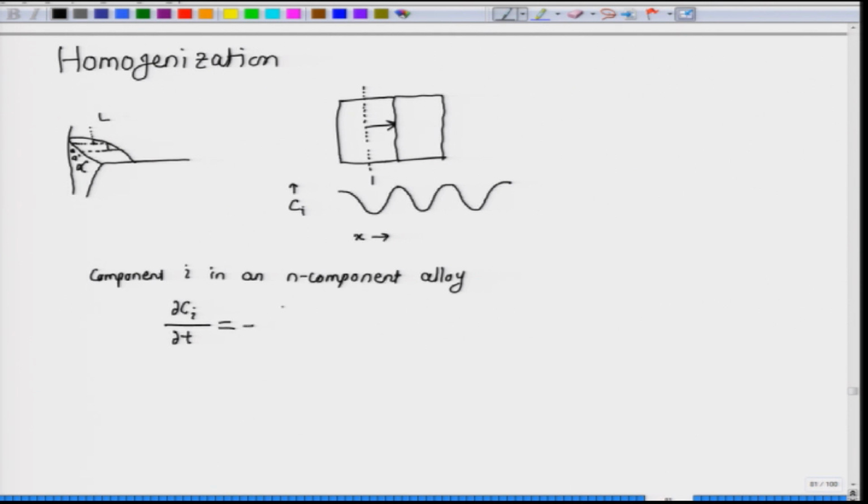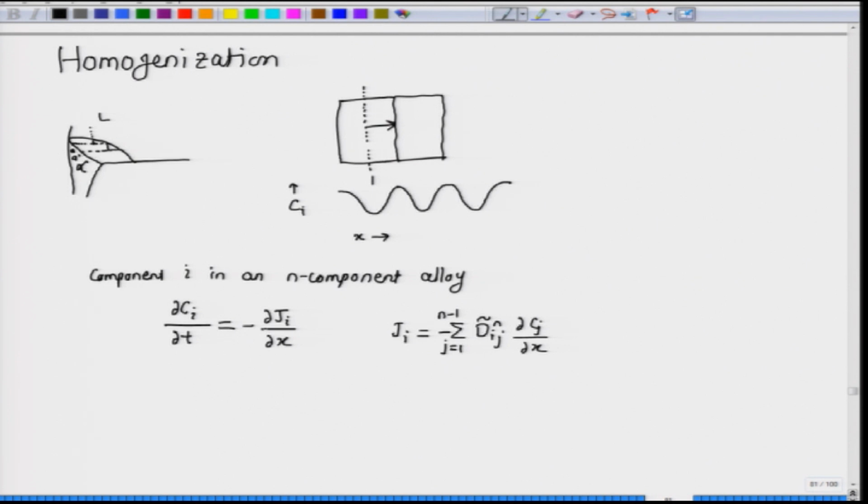Let us first write the simple continuity equation. Dou Ci by dou t is equal to minus dou Ji by dou x, and we know Ji in an n component system is expressed in terms of n minus 1 interdiffusion coefficients. So, Ji equals the sum over j equal to 1 to n minus 1 of D tilde ij n dou Cj by dou x.